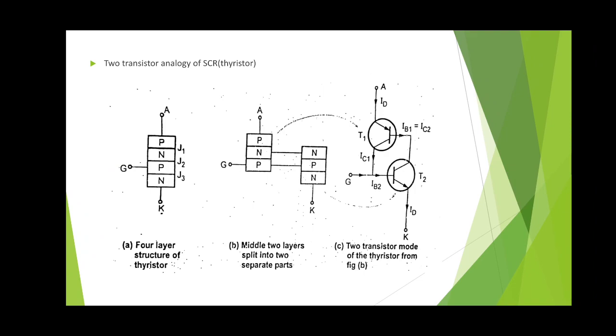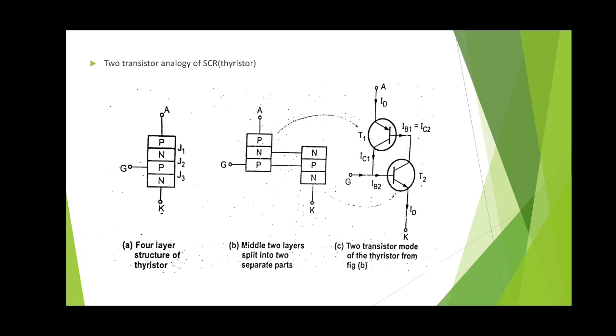Explain the two transistor analogy of SCR. We have to first draw the diagram. We know that SCR is a 3-terminal 4-layer device, so we can consider it as equivalent to two transistors connected back to back, which is shown in the figure.